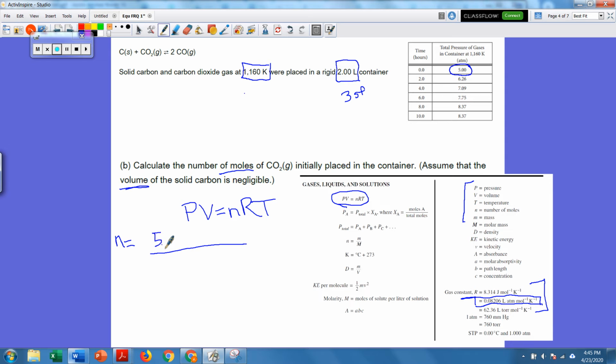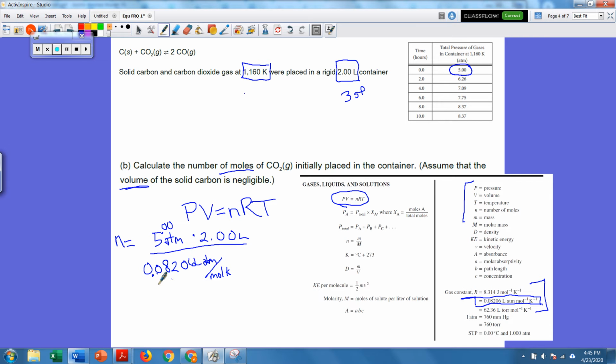So our pressure is 5.00 atmospheres, times our volume, which is 2.00 liters. Our R in this case is going to be 0.08206 liters atmospheres per mole Kelvin. Okay, that's 0 point there.